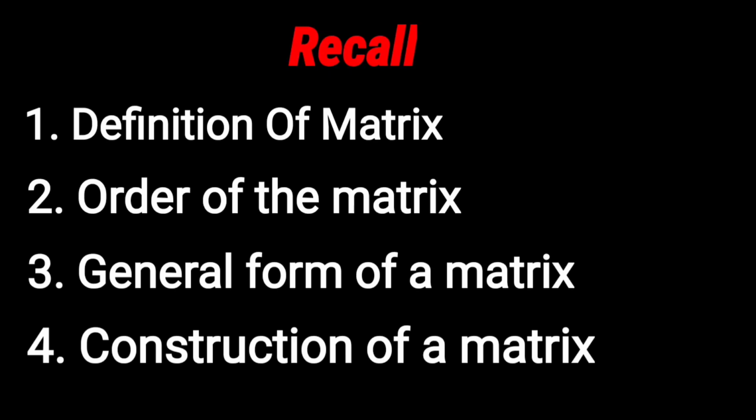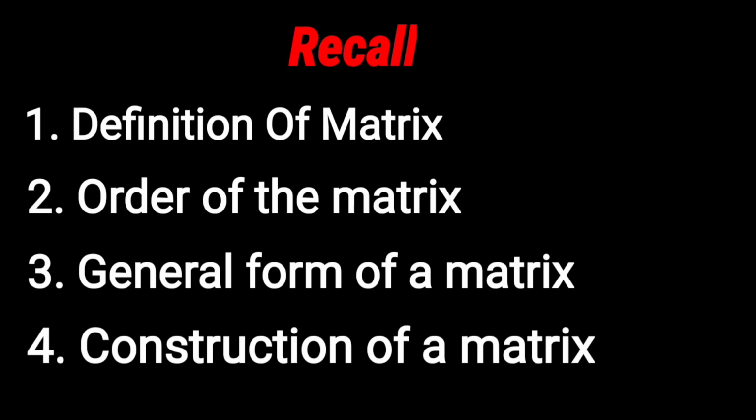Next we learn the general form of a matrix. All the matrix elements are written as small a, a subscript ij, which is the general representation of all the matrix elements. Here i stands for row, j stands for column. We learned how to form a general format of a matrix when the order of the matrix is given.